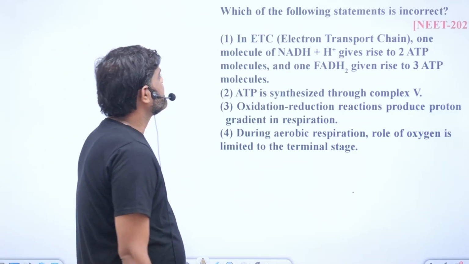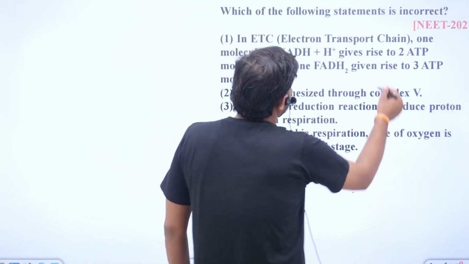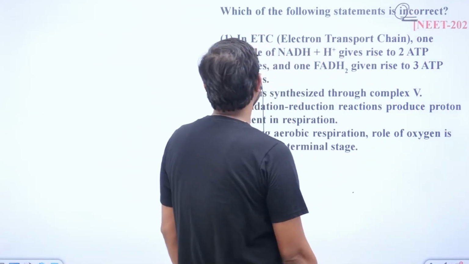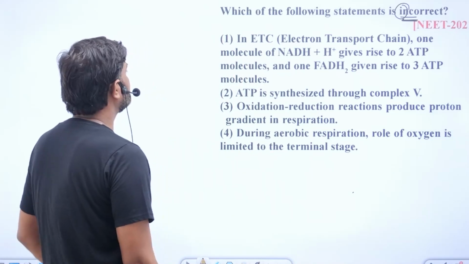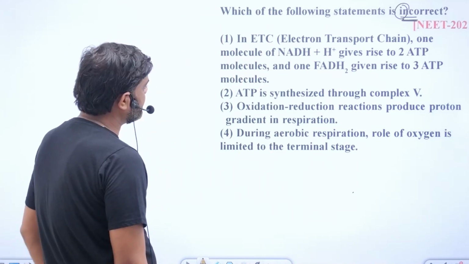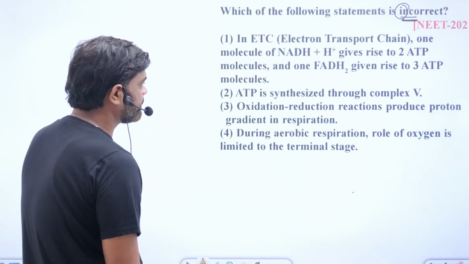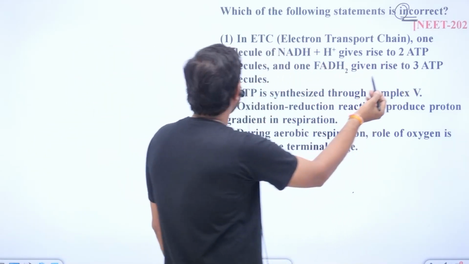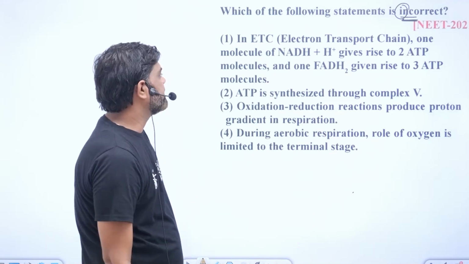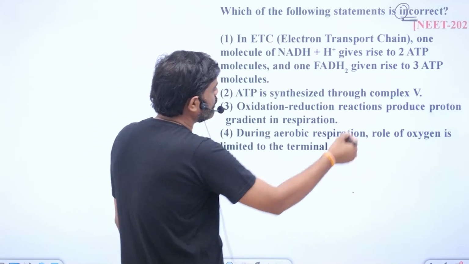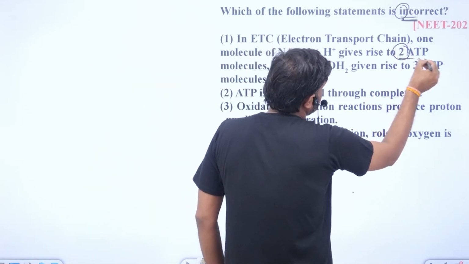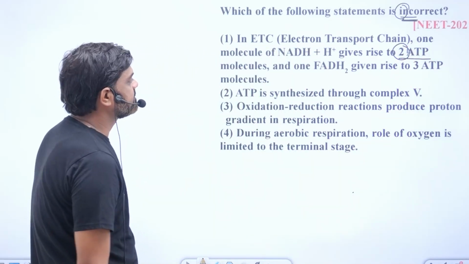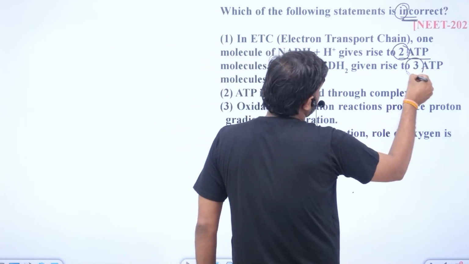Which of the following statements is incorrect? This question is related to plant physiology. The chapter is respiration, the ETS system. First option: in ETS, electron transport chain, one molecule of NADH2 gives rise to 2 ATP molecules and one FADH2 gives rise to 3 ATP molecules.